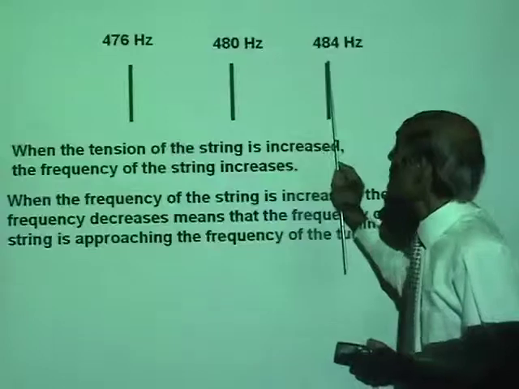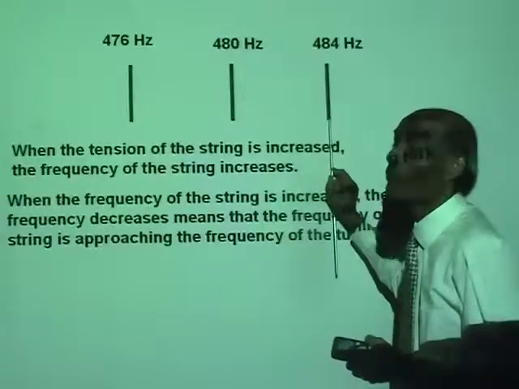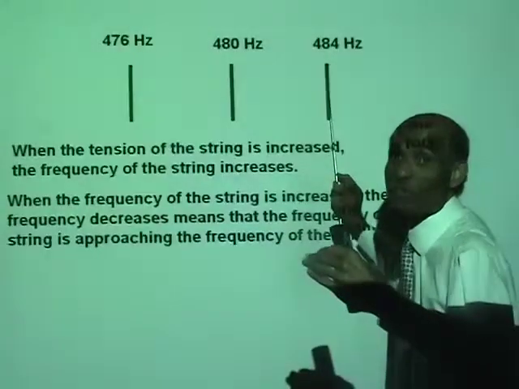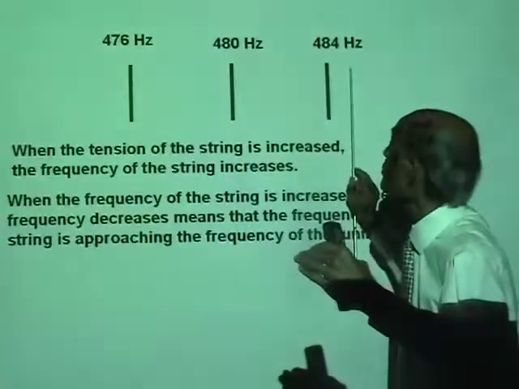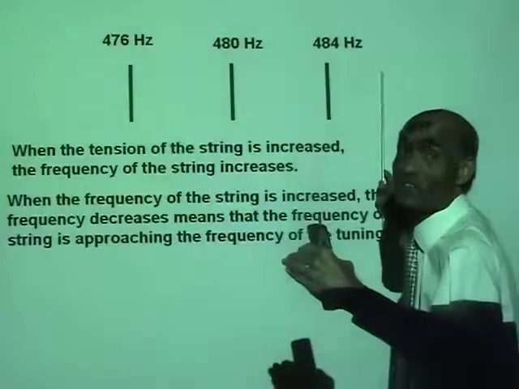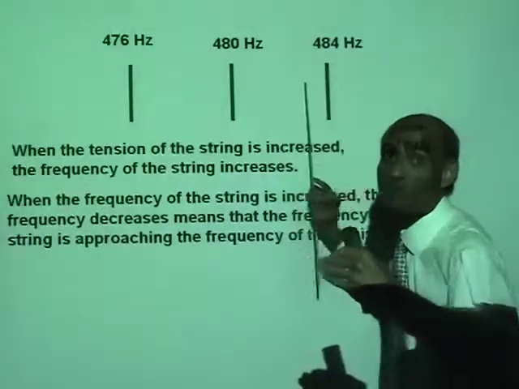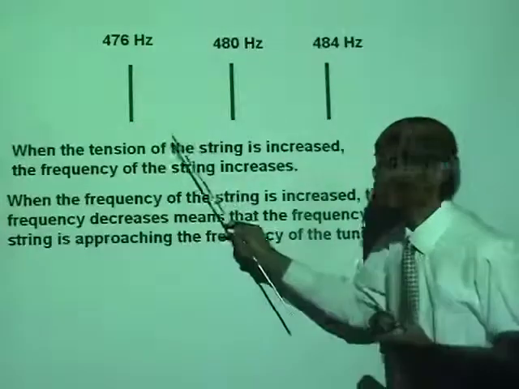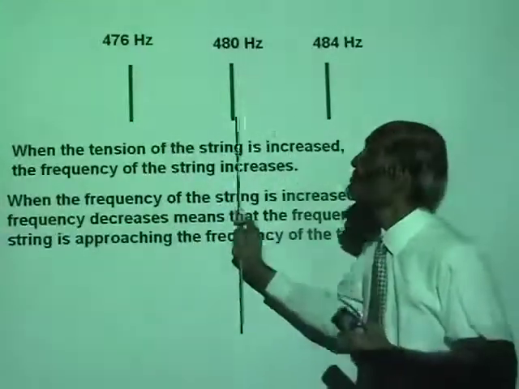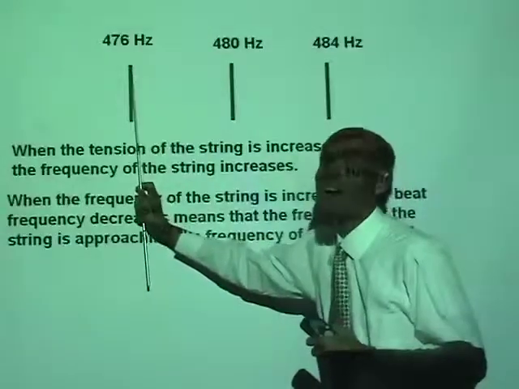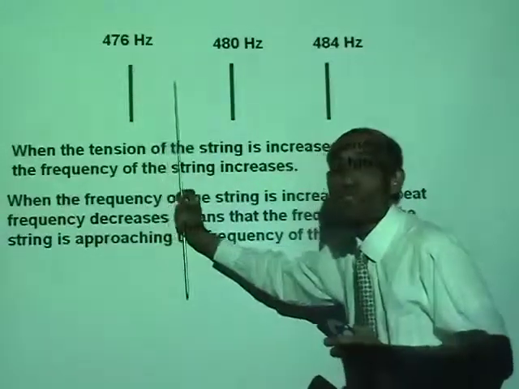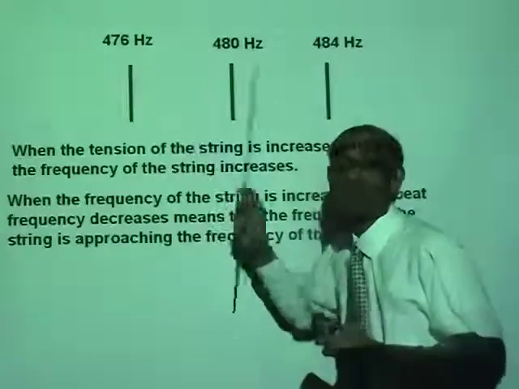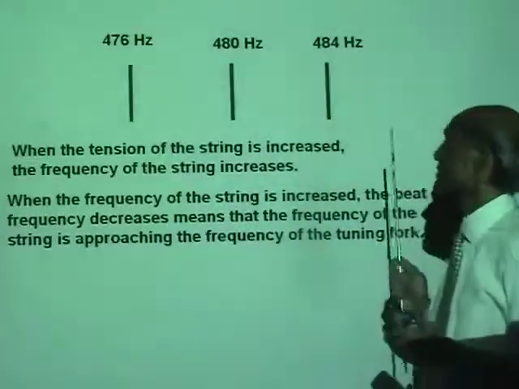Now, if the frequency of the string were 484 to begin with, if you increase the frequency, it is going to go to 485, 486 and so on, which means the beat frequency must increase. Is that right? But the beat frequency decreased, which means the frequency of the violin string is now approaching the frequency of the tuning fork. That means this must be the original value and not this one.